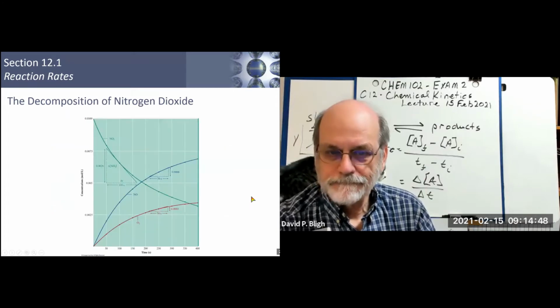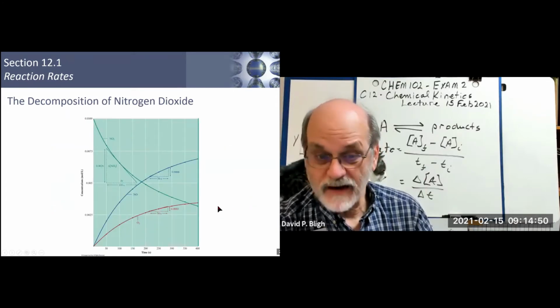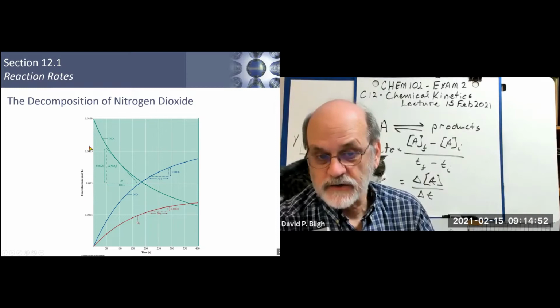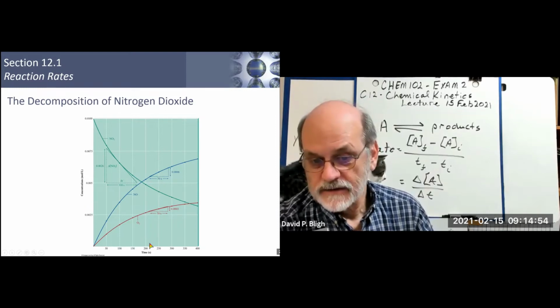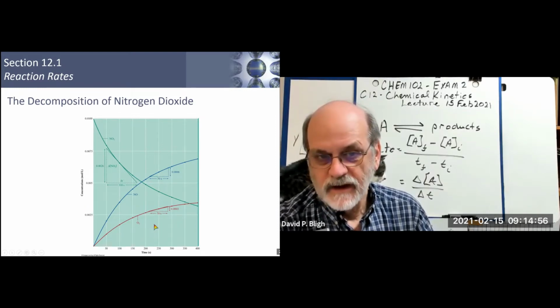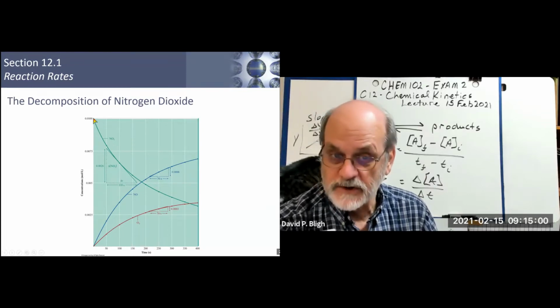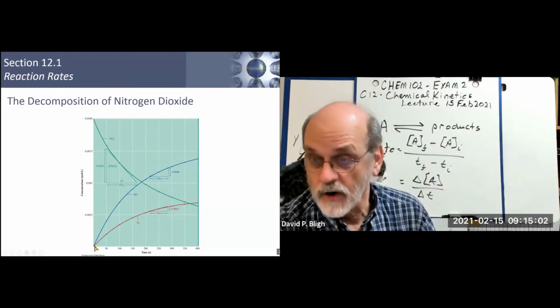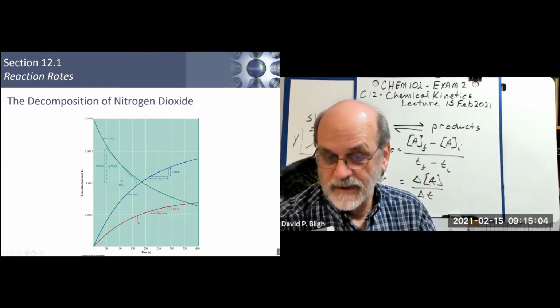Okay. So this is what it would graph out to be, right? Concentration on the y-axis, time on the x-axis, and this green line is NO2. So you start off with this much NO2 and 0 products. And they gradually increase, right?